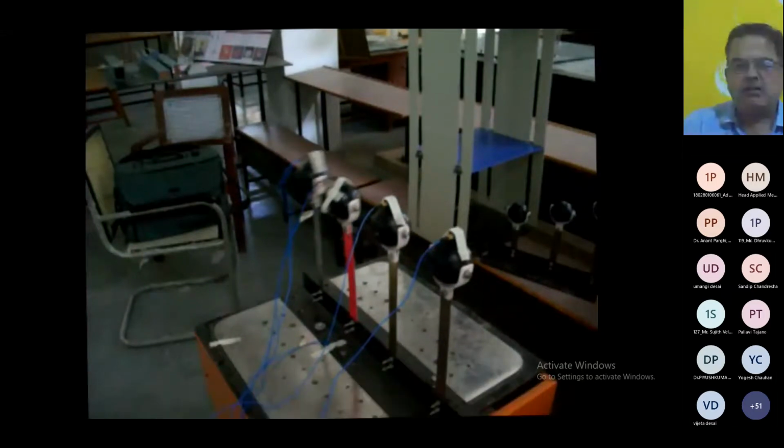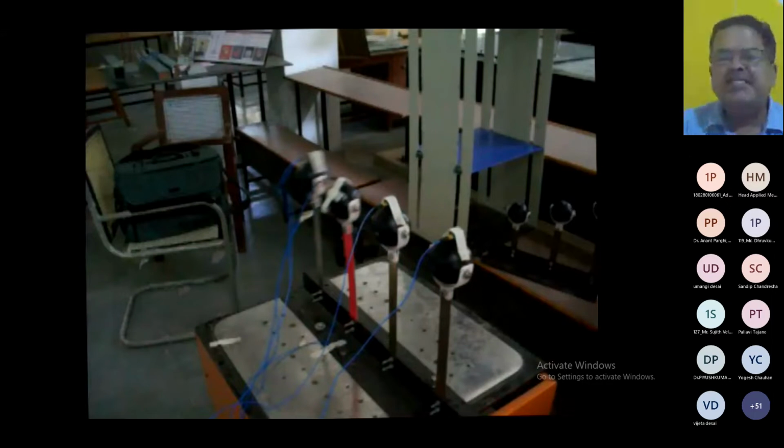These 4 models are placed on the same plate, so the same motion is given to all 4 spring mass models, right? Now they are made of different materials. The mass is the same at the top, all other parameters are the same. Only the material changes, right?